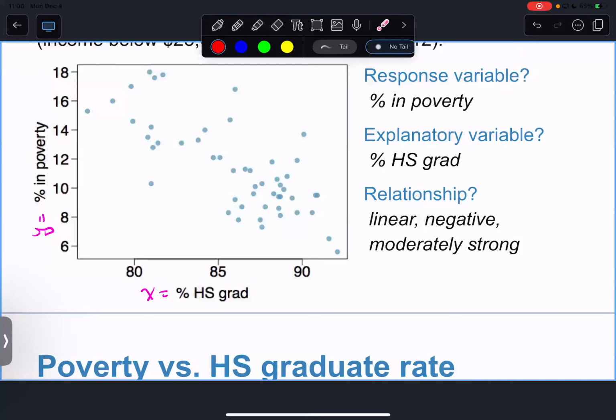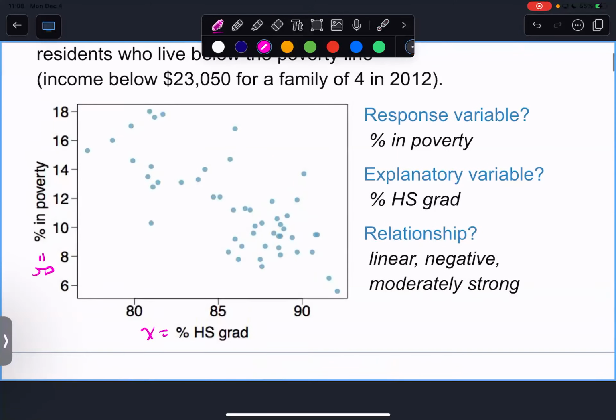This is one of those scenarios where you might want to predict the percentage of high school grads depending on the percentage in poverty. There's no clear X and Y. So in this case, it's given to you like this, right? But what we want to remember is we use the response variable for the thing that we want to predict.